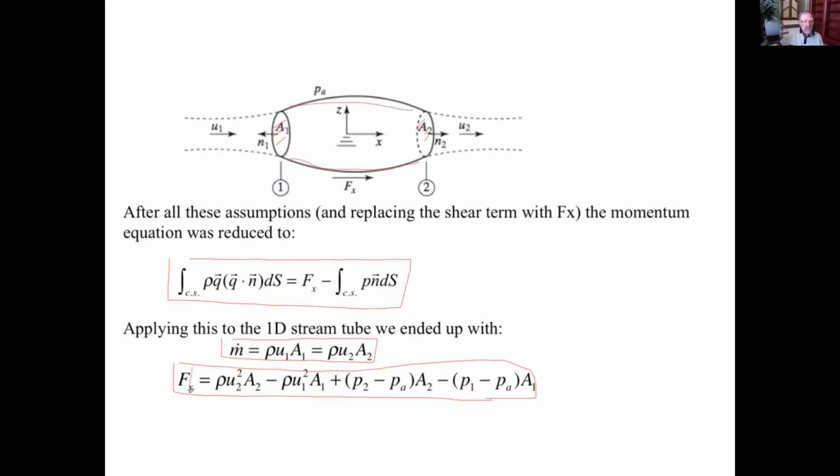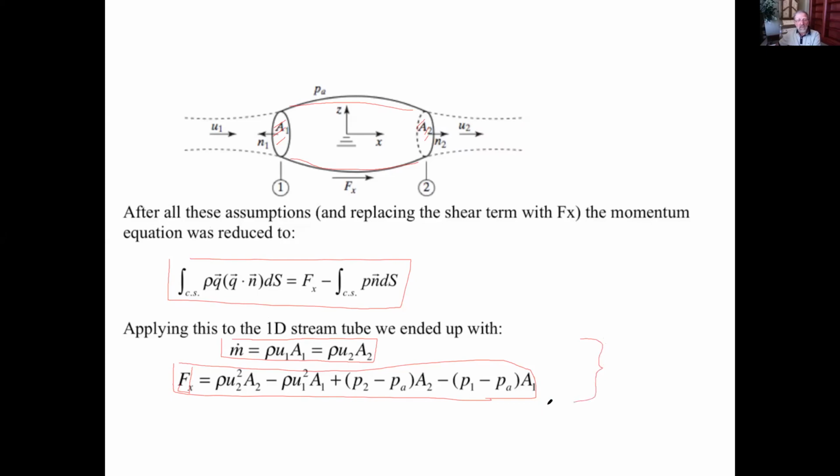This way, we ended up with a very simple formula, which means the force is momentum out minus momentum in, plus the pressure differences on the in and out surfaces. A very simple formula, easy to remember. And all the following examples are going to be using these two equations.